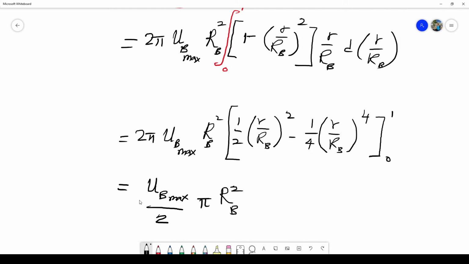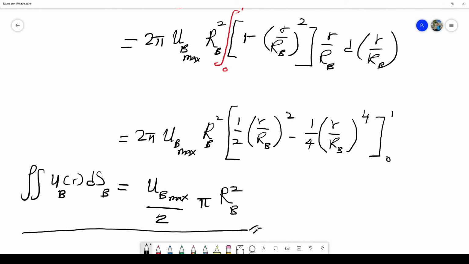So this is the term that we get for the integration of UB dSB. Later we will substitute it into the continuity equation that we have on the top of this slide before.